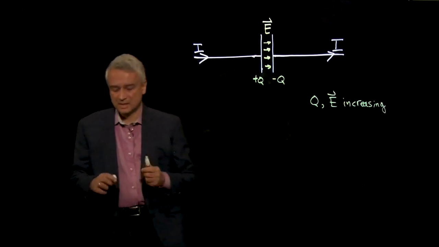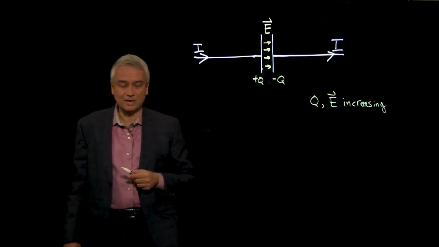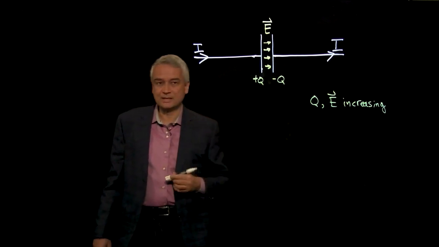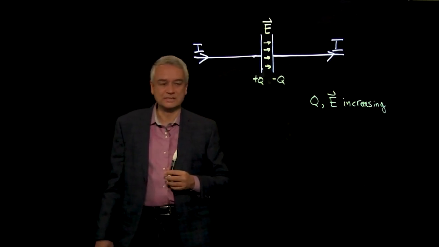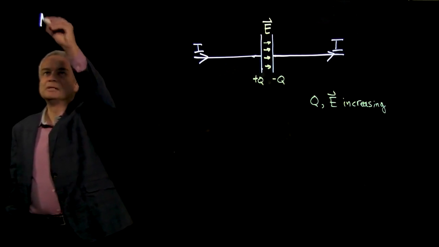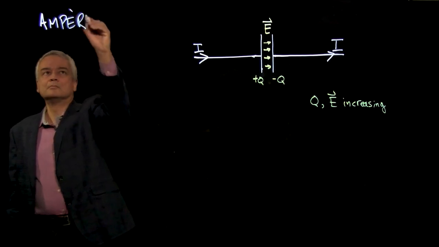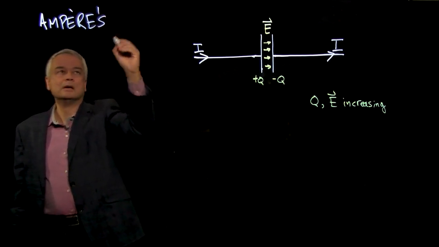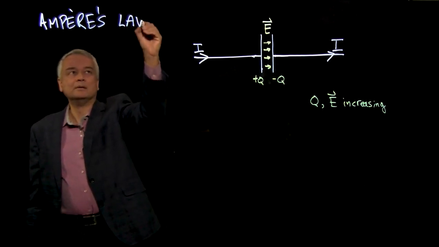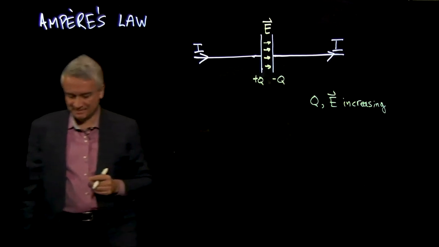So what we're going to do now is something that you could have thought of doing before, that we didn't discuss with you until this moment. Let's try and see what Ampere's law tells us in this setting. So let's remind ourselves what Ampere's law is, and see whether we can apply it to this situation where we're charging up a capacitor.